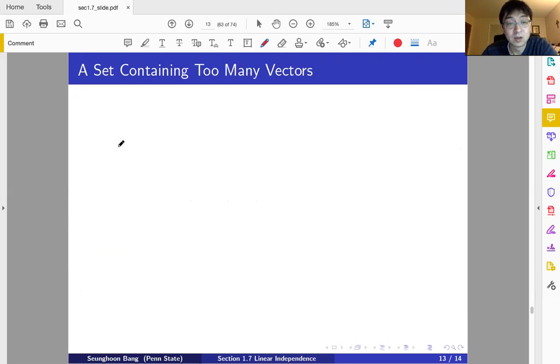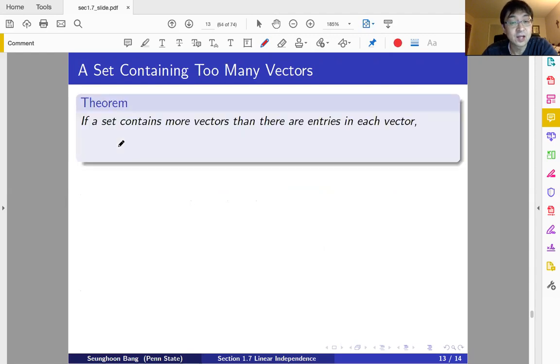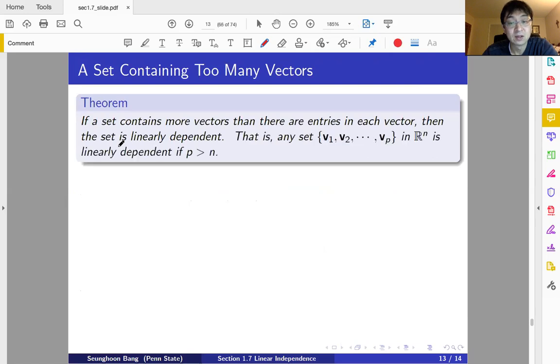Next one. If a set contains more vectors than there are entries in each vector, then the set is linearly dependent. That is, any set of vectors v1, v2, ..., vp in Rn is linearly dependent if p is greater than n.